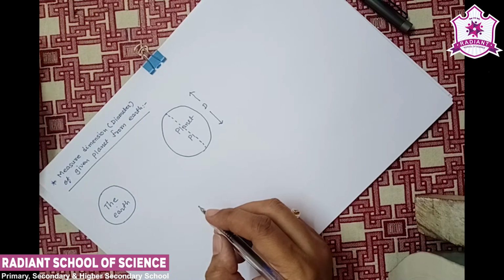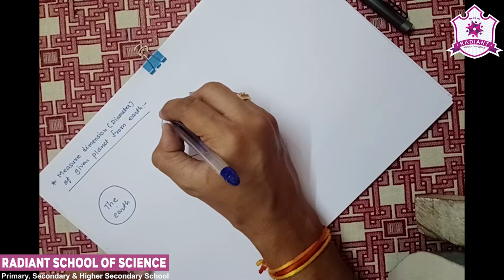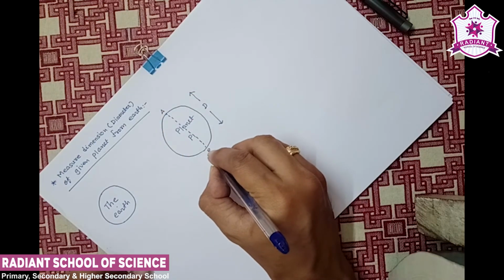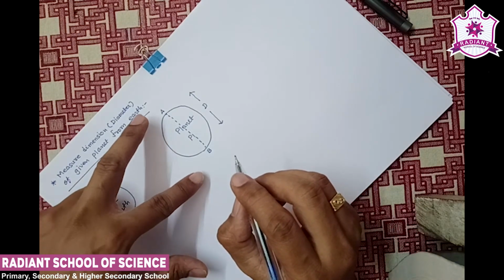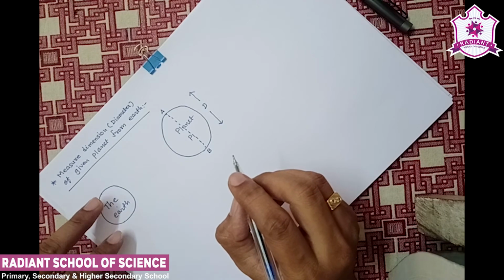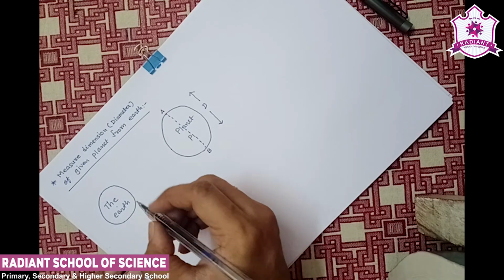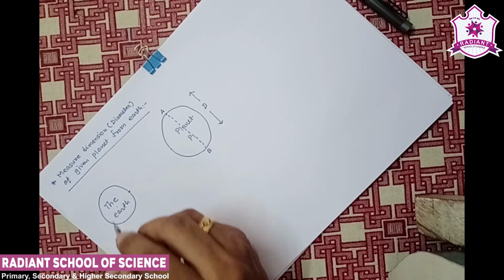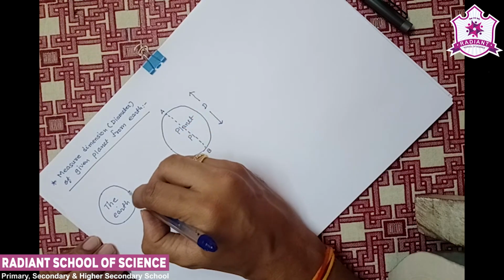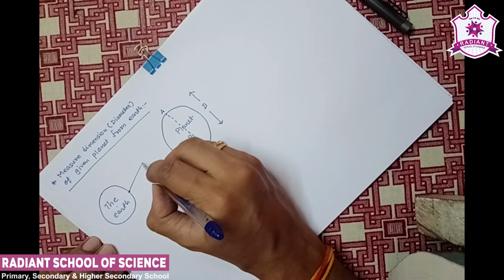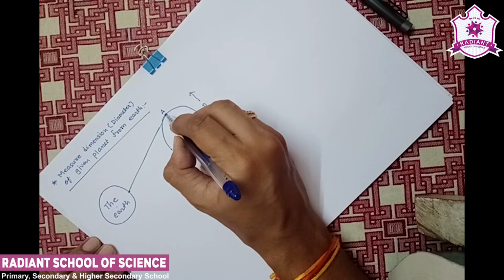Now I will do the same phenomenon in a different manner. Say here I have points A and B on this planet. In the previous case we took two points on the Earth and observed a certain point of the planet. Now in this case we keep the telescope at a certain point of the Earth and observe a particular point A of this planet.